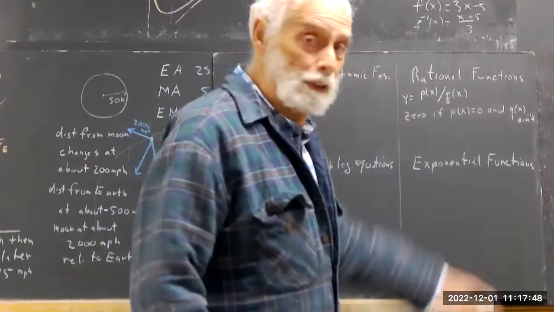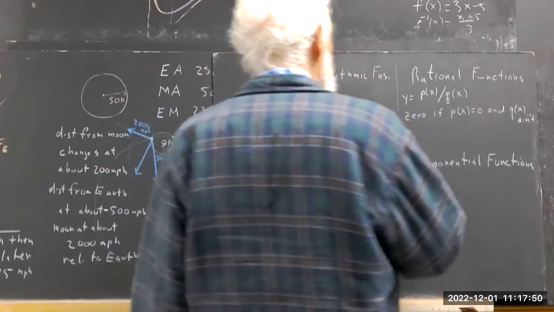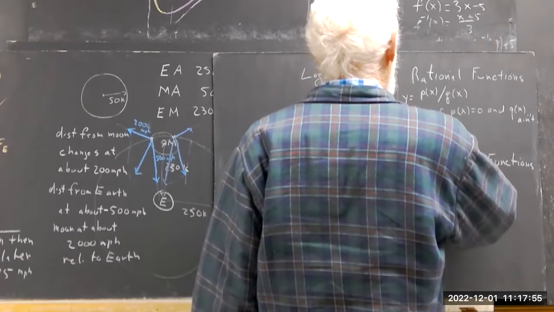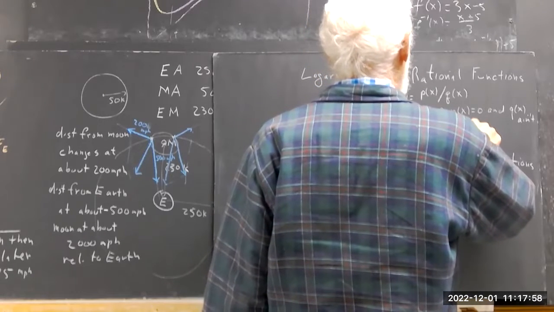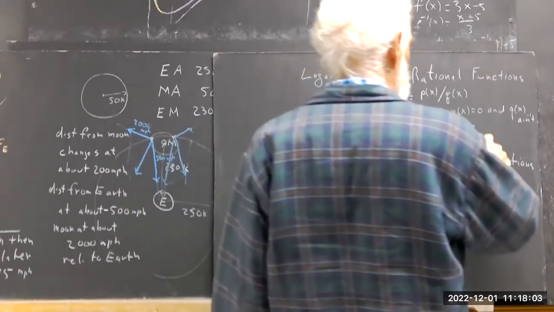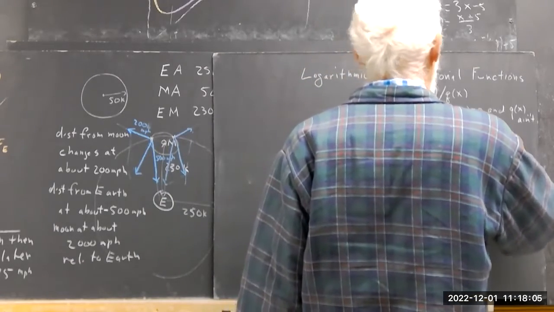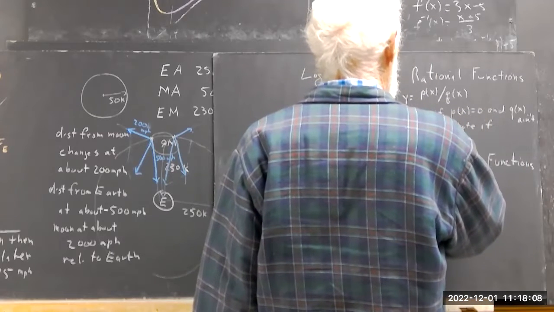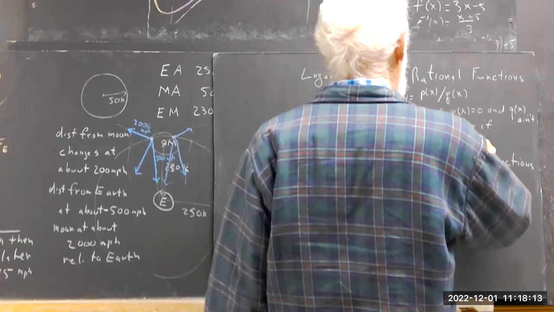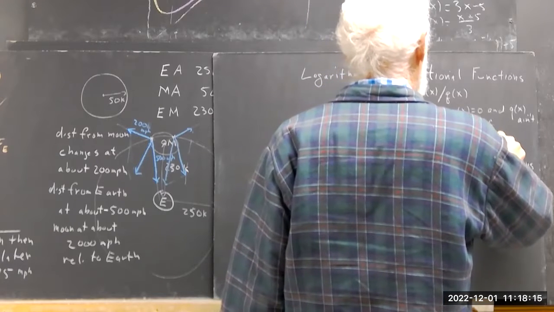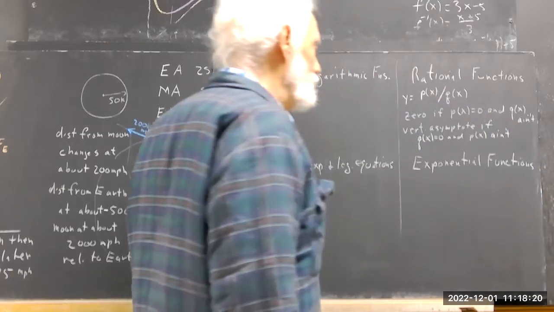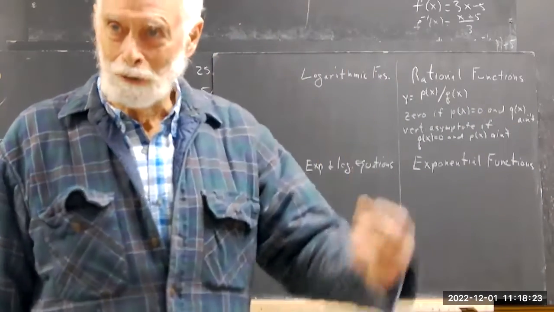There's a little more you could say about this. You got a vertical asymptote if q of x equals zero and p of x ain't.